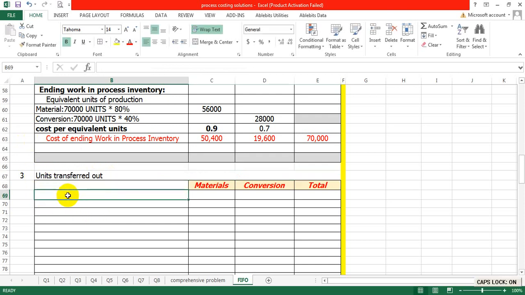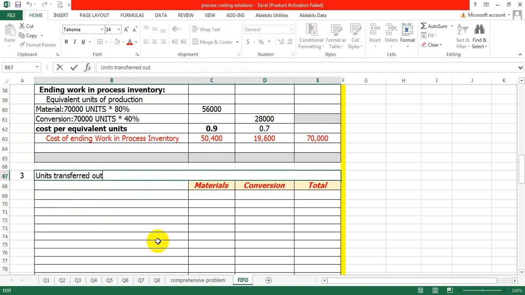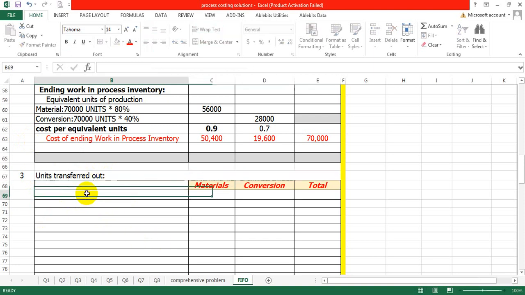For units transferred out, first we will take the beginning cost. It is mentioned in the question, the cost in beginning WIP inventory.